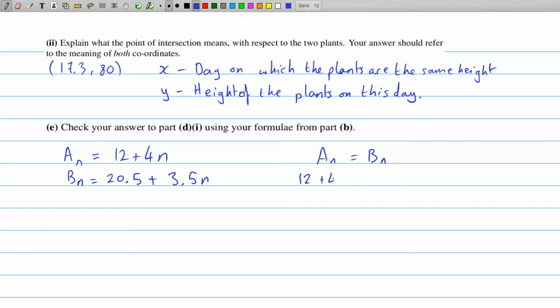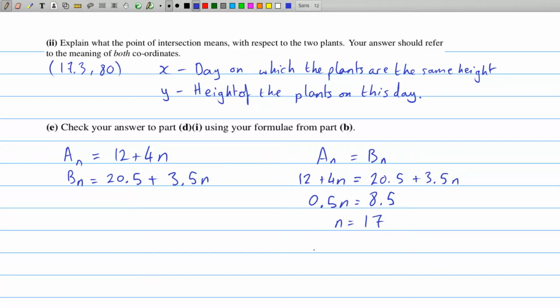So 12 plus 4n is 20.5 plus 3.5n, just replacing A_n with the formula that represents it, and likewise for B_n. So if we rearrange that, we get 0.5n is equal to 8.5. So n turns out to be 17.